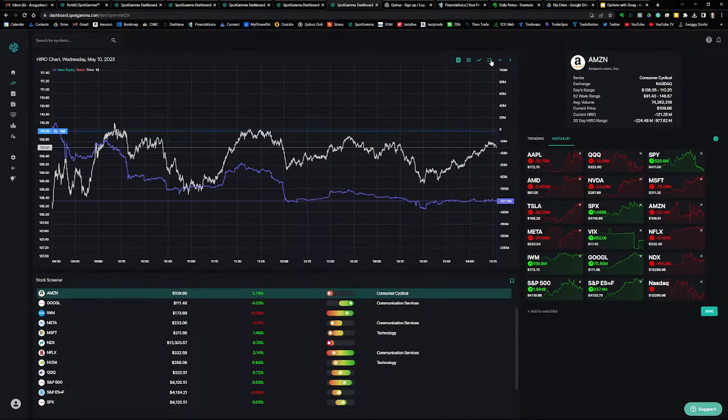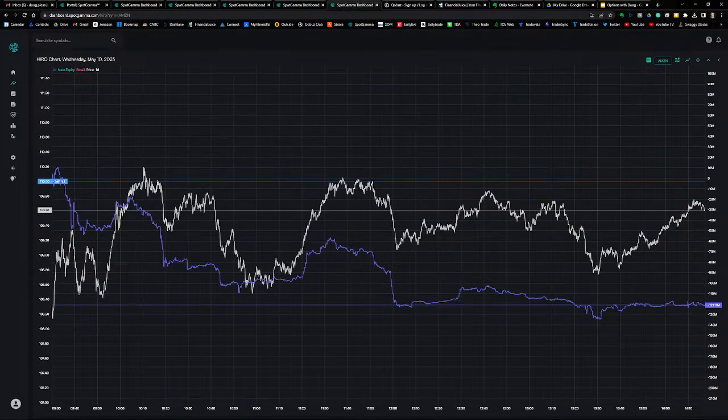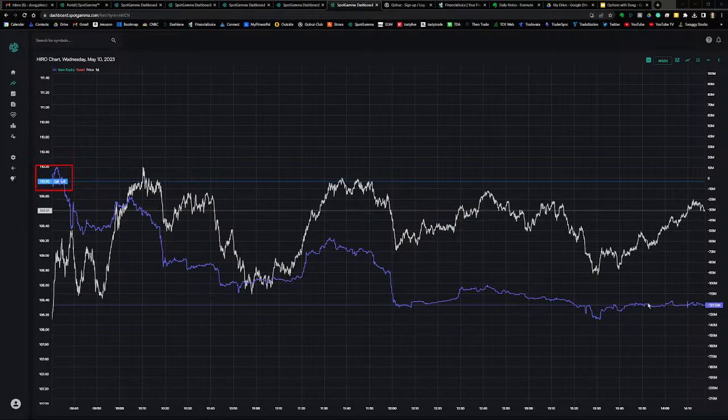So here for Amazon, there's the 110 call wall, and note the divergence short here.